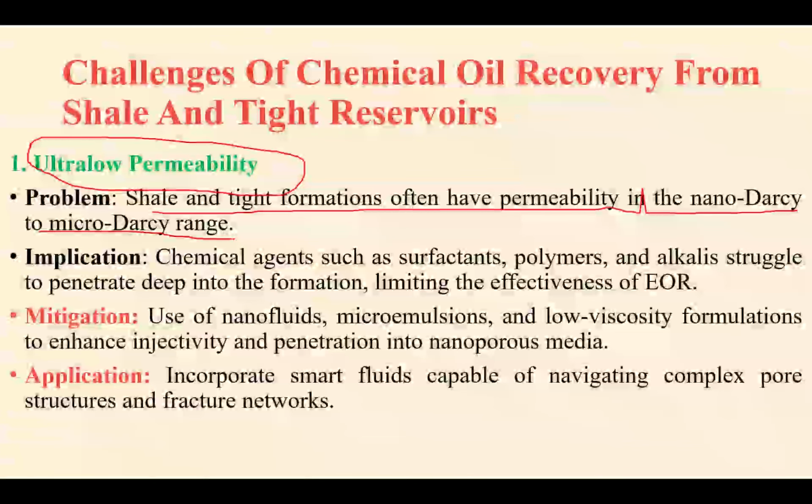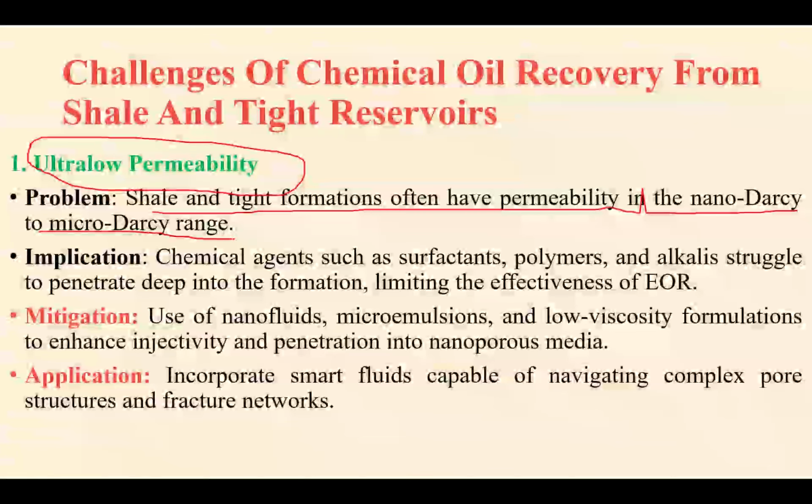Because of the low porosity, the holding capacity per unit volume of pore is very much less compared to a conventional reservoir. So that is quite challenging.